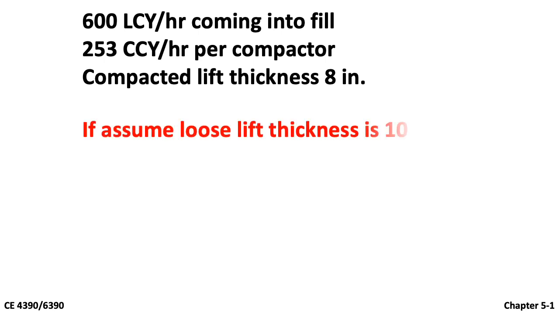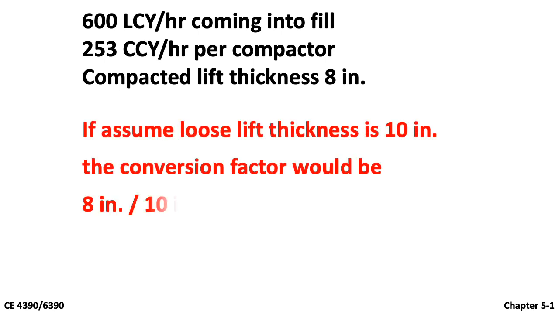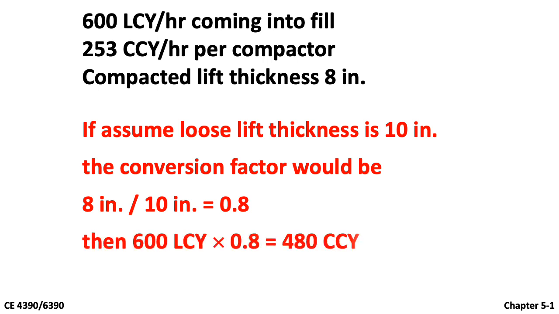If we assume loose lift thickness of 10 inches, the conversion factor would be 8 inches divided by 10 inches, or 0.8, as the conversion factor from loose to compacted. To calculate the total compacted volume, you multiply 600 LCY by the conversion factor of 0.8. So we got 480 compacted cubic yards.